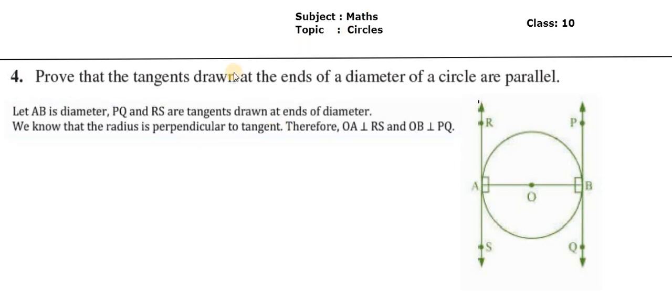Then we also know that the radius is perpendicular to the tangent, according to Theorem 1. The radius drawn from the center to the tangent is perpendicular to the tangent. Therefore OA is perpendicular to RS, and OB is also perpendicular to RS.